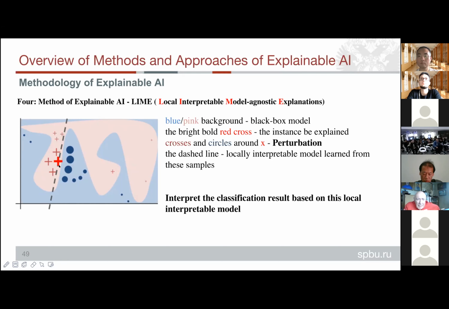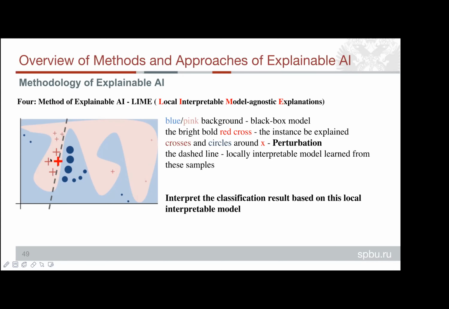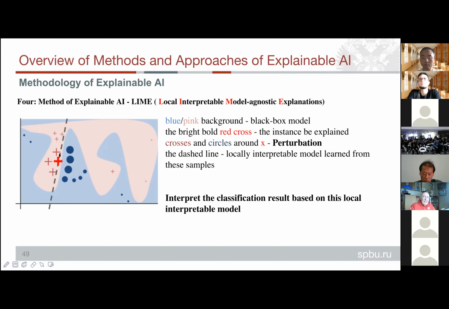Specifically, we sample from around the bold red cross. This process is called perturbation of features. Next, classify the samples with the classification model and get the results. In this picture, they are these red crosses and the blue dots. At the same time, a weight is assigned based on the distance between the sample and the bold red cross. The weight is based on the distance between them.